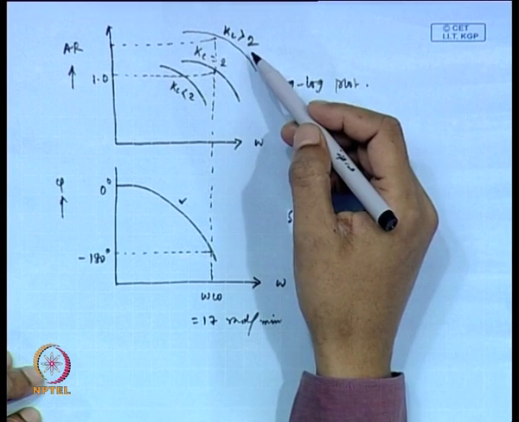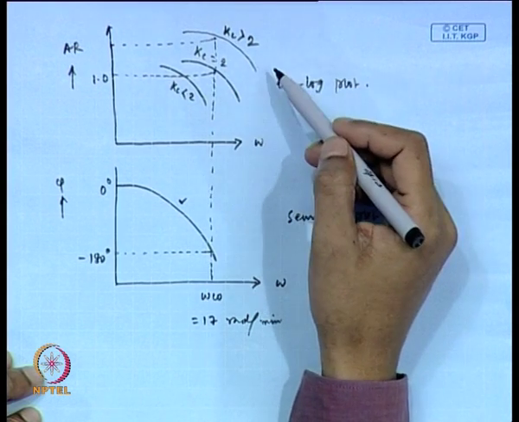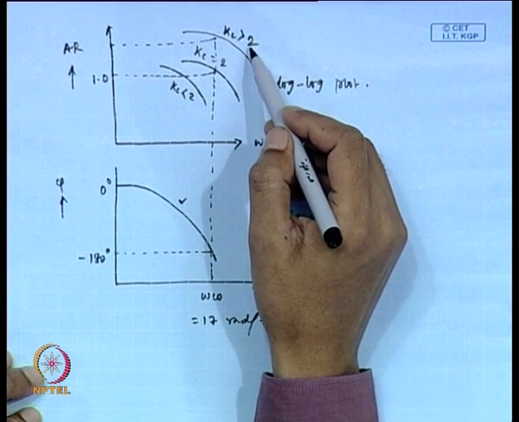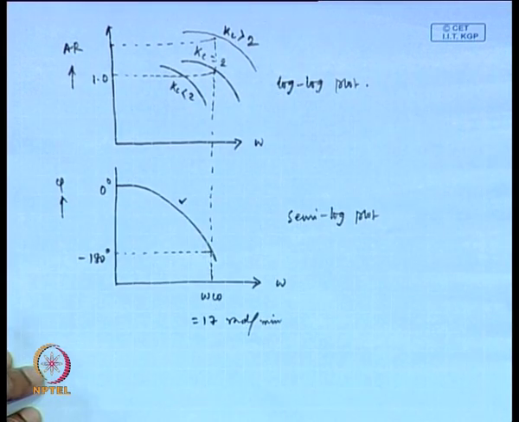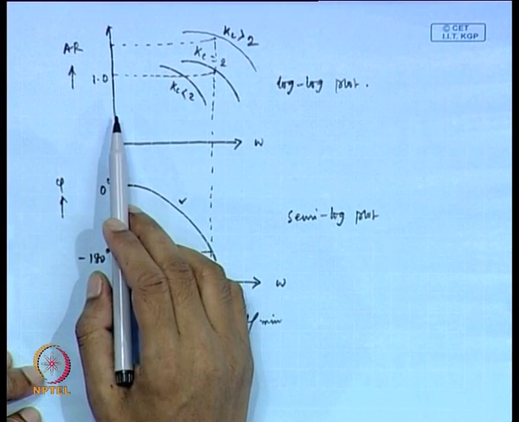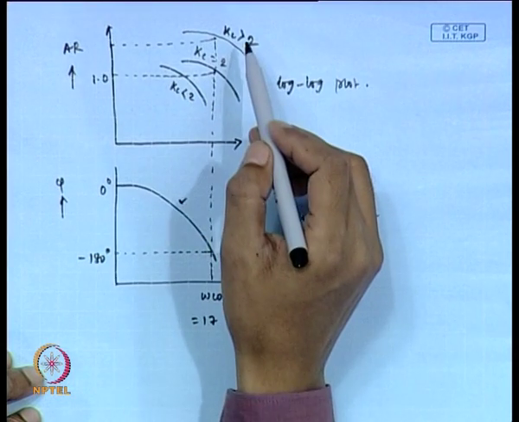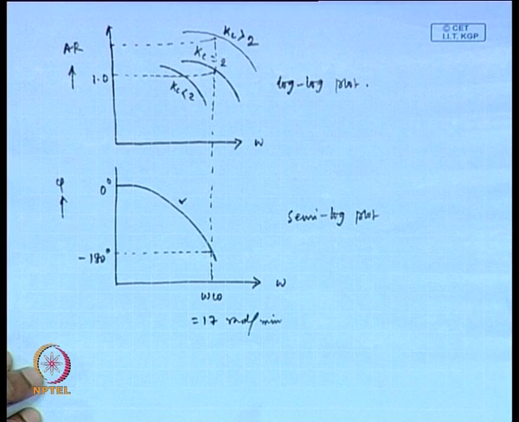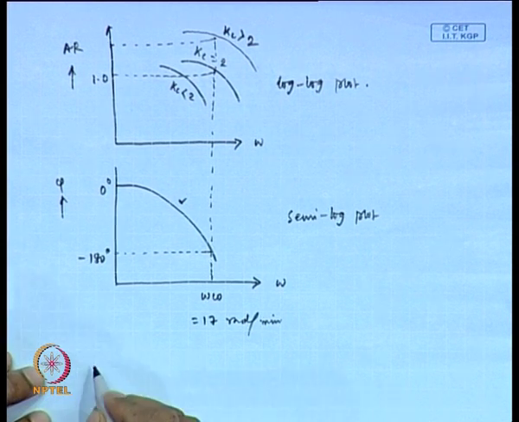Other two cases are also shown here, Kc less than 2 and Kc greater than 2. It is obvious from this plot that when Kc is less than 2, amplitude ratio becomes less than 1, and when Kc is greater than 2, amplitude ratio becomes greater than 1. So, this is the Bode plot.